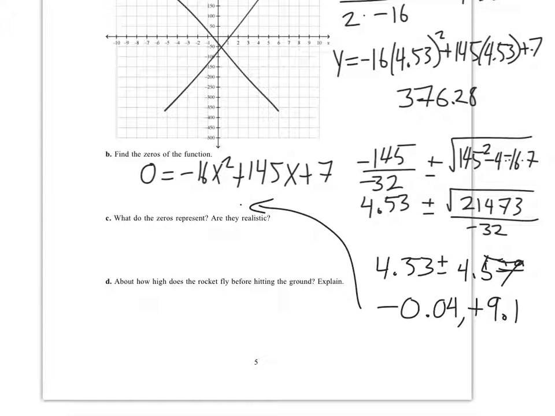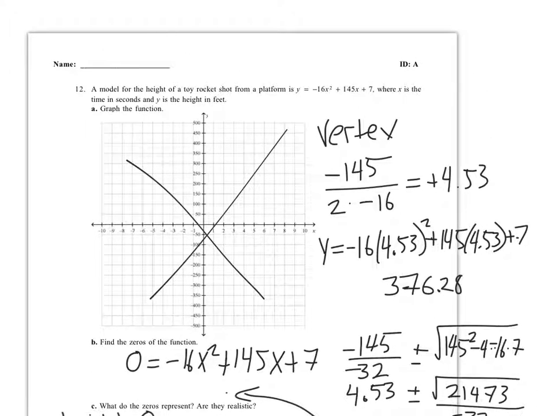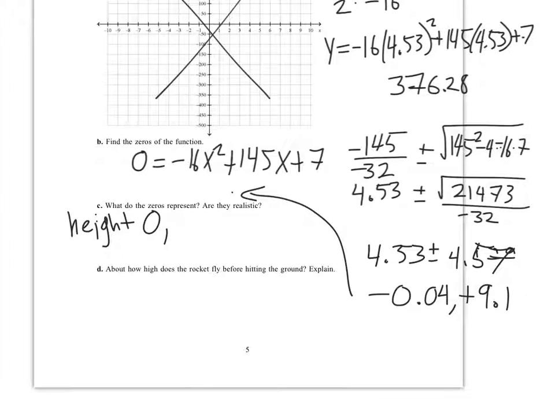What do the zeros represent? Height of 0. We're talking about a rocket or something here. Toy rocket. So these are the times when the rocket is on the ground.